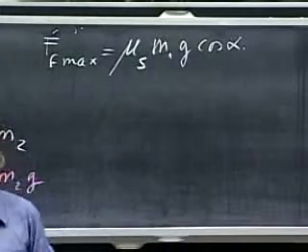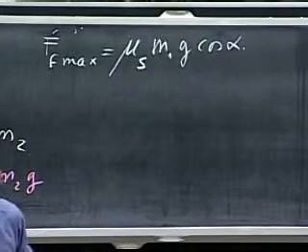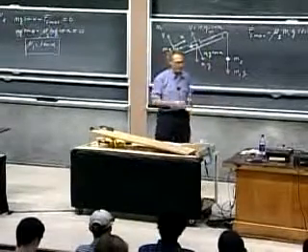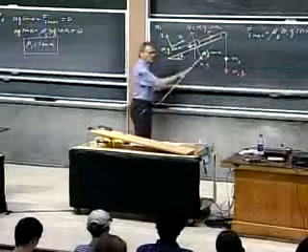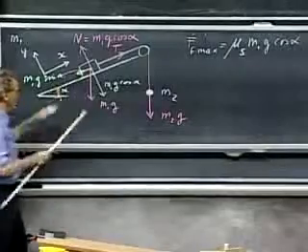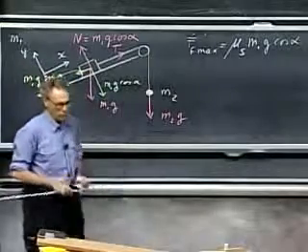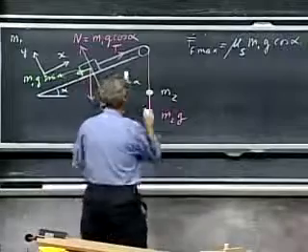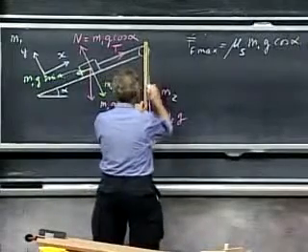So now, if I want to deal with this, I have to look at three completely different situations. Acceleration in this direction, in which the friction is pointing here. Acceleration in this direction, in which the friction is pointing there, or no acceleration at all. There is also, of course, the tension here.